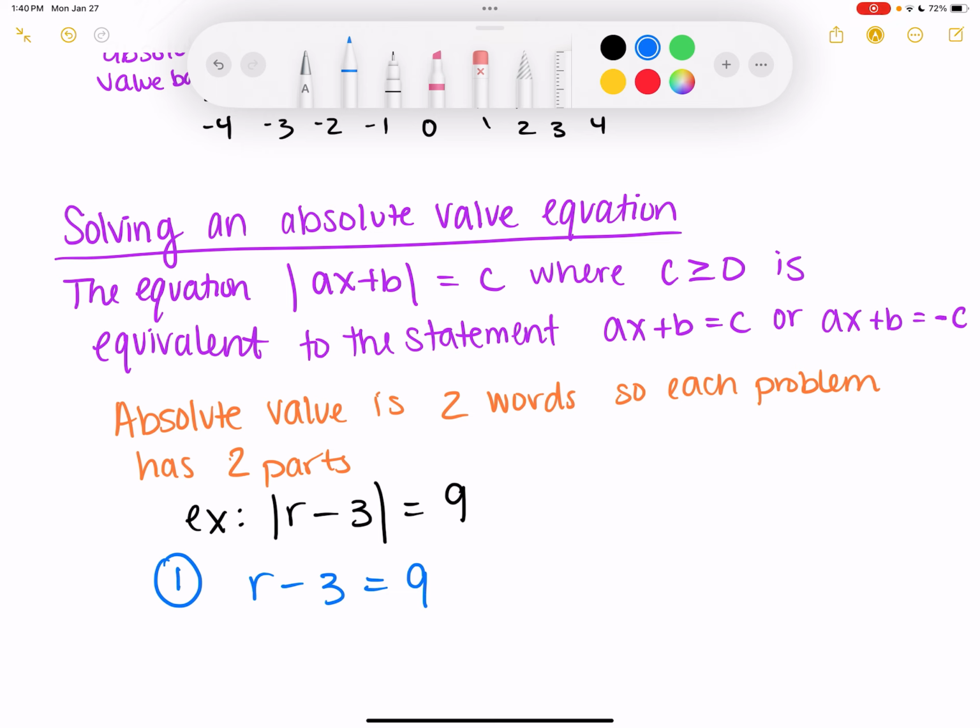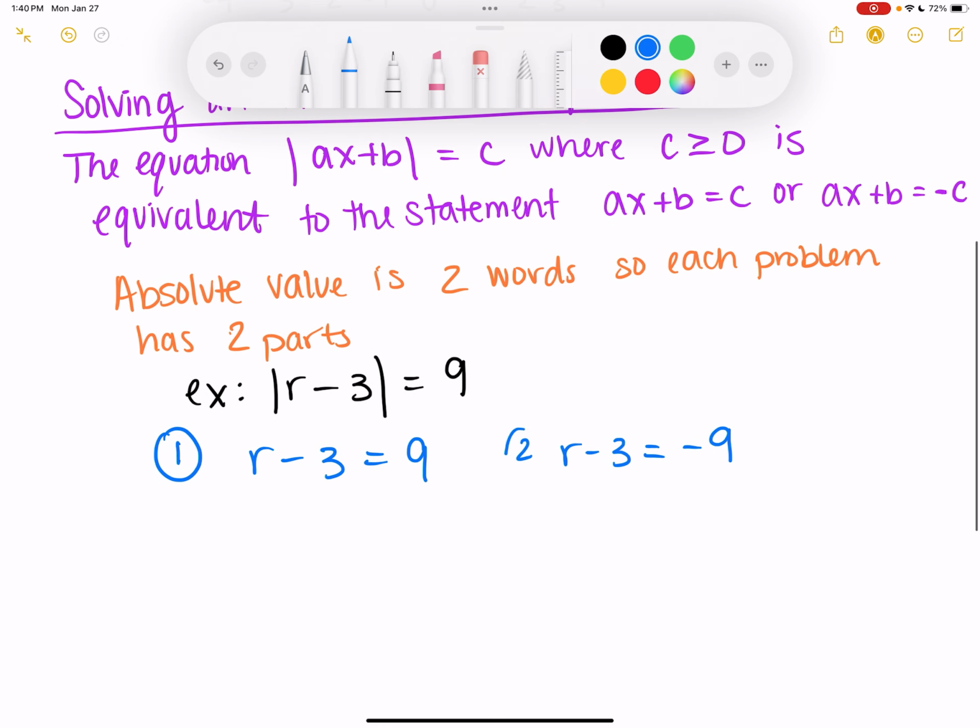The other option is r minus 3 equals, and we change the sign, so this is positive 9, and over here it's going to be negative 9. If they started with the negative, then the other one's going to be a positive, except they really can't start you with a negative because we can't have a negative absolute value. So one's always positive, one's always negative.